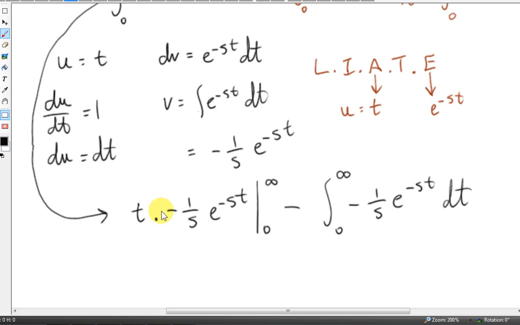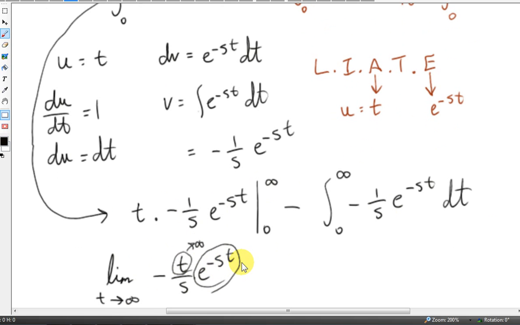Now let's look at this expression evaluated as t tends towards plus infinity. Well, obviously, as t tends towards infinity, this part of the product is going to go to infinity. But what about e to the minus st? Well, because s is positive, e to the minus st will tend towards 0 as t tends towards plus infinity.